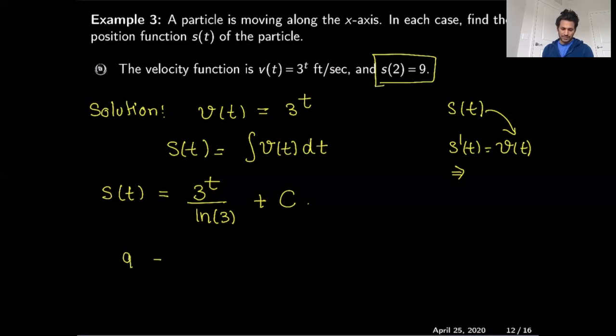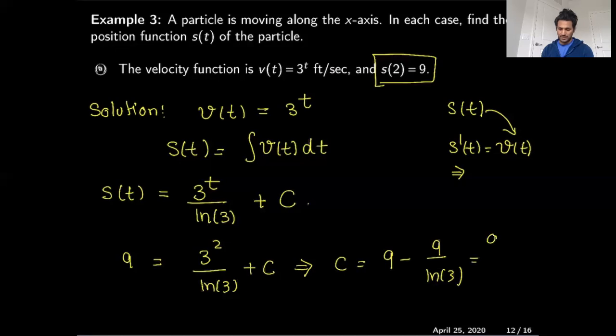That gives us c is equal to 9 minus 9 divided by natural log of 3, which you can simplify as 9 natural log of 3 minus 9, divided by natural log of 3.